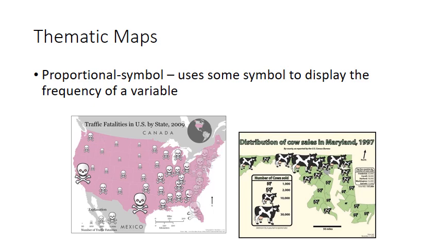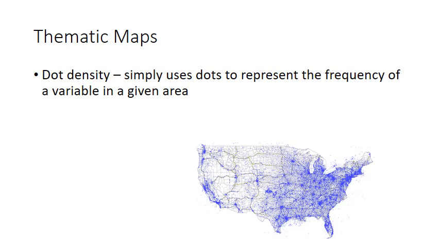On the map to the left, the larger the skull and crossbones, the more highway fatalities. Map to the right, the larger the cow, the more cattle sales occur in that county in Maryland. The dot density map simply uses dots to represent the frequency of something, so the greater the collection of dots, the more frequent that variable occurred.